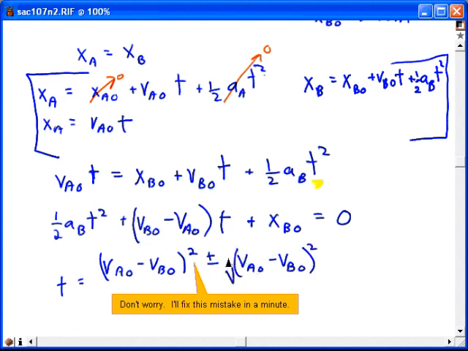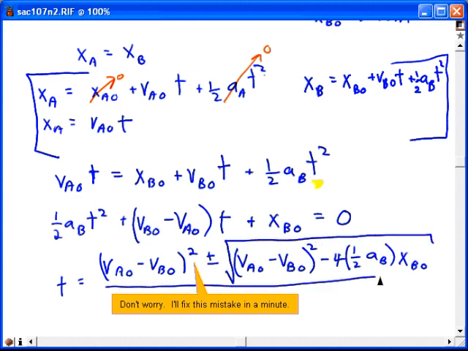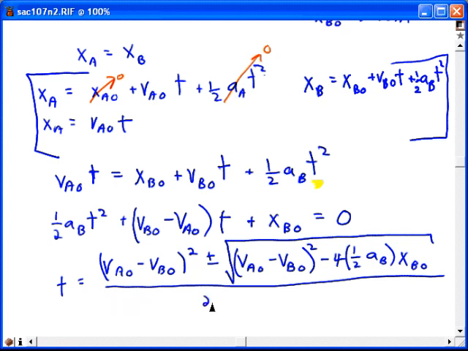Of course, that's going to be under the square root. Minus 4 times a 1/2 AB. So minus 4, there's the a term, times c, which is XB0. And then all over the 2 times the a term, 1/2 AB.